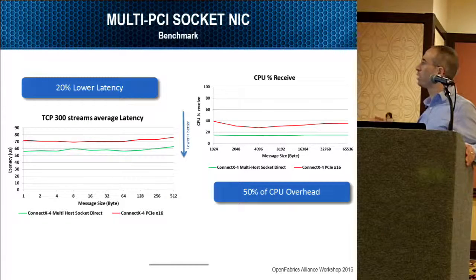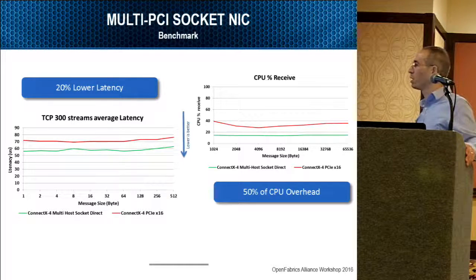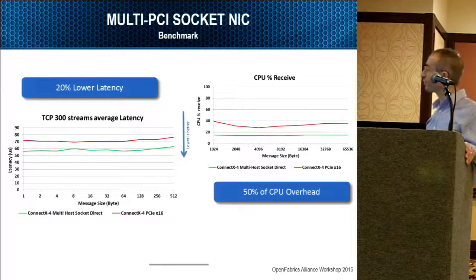One NUMA node is local and the other NUMA node is using a remote device and passing through the QPI. And the green one shows whenever we use it with socket direct. We can see here a nice latency drop by 20%.